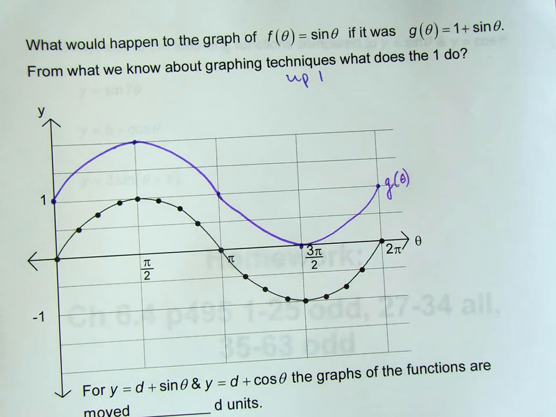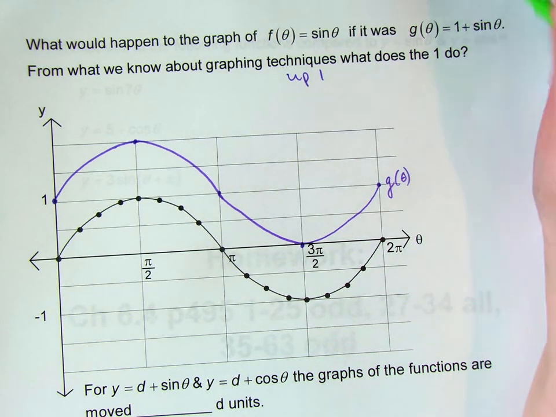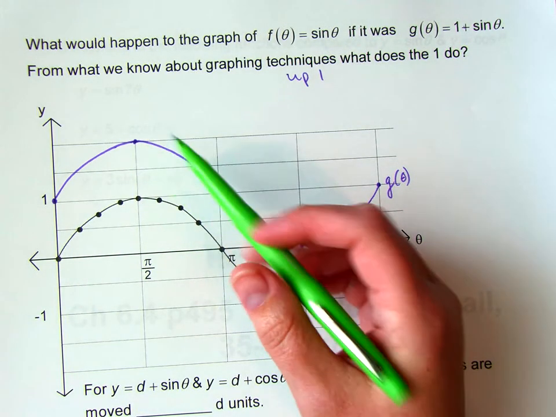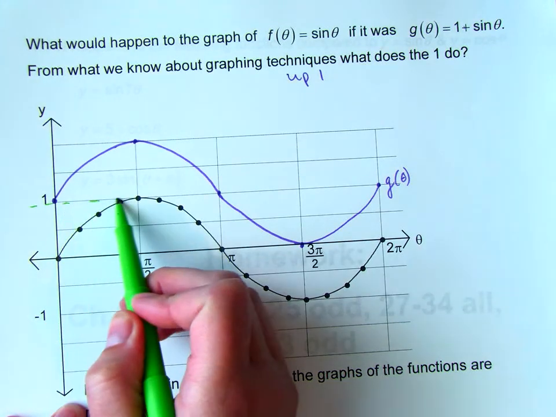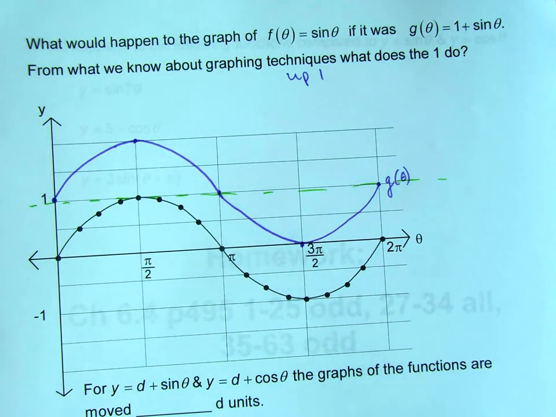Now, if I was talking amplitude on this one, my coefficient in front of sine is still a 1. So my amplitude should still be 1. Don't get confused because it looks like it's a 2. You have to remember we moved the x-axis, if you will, up a whole unit of 1.